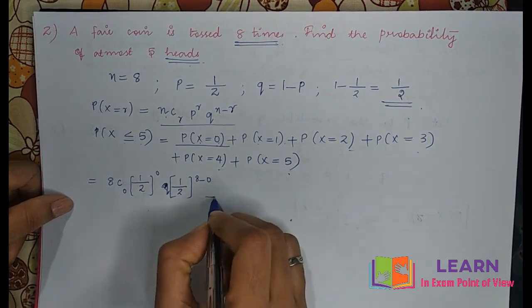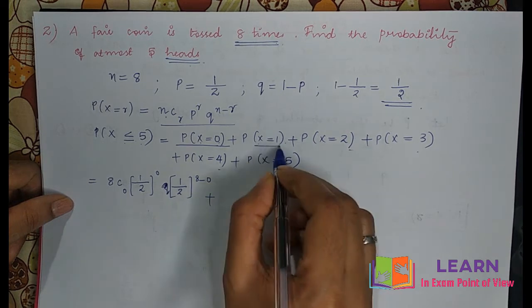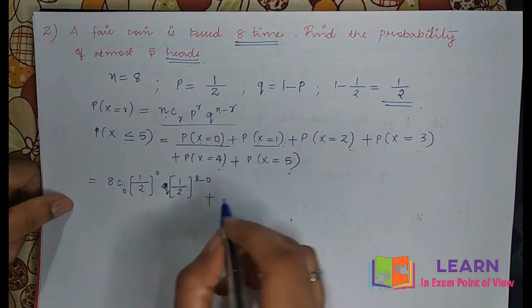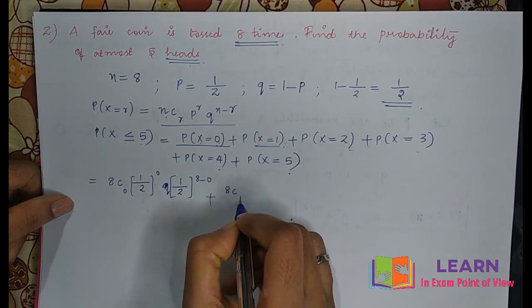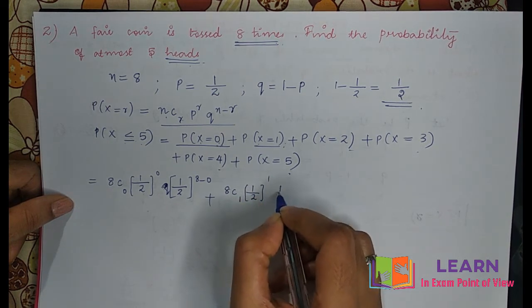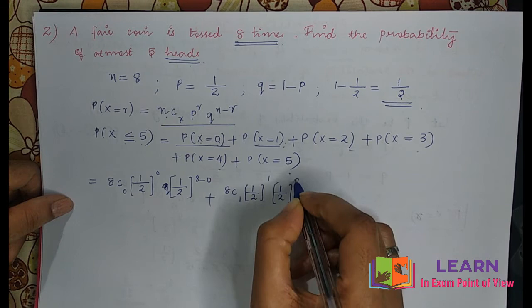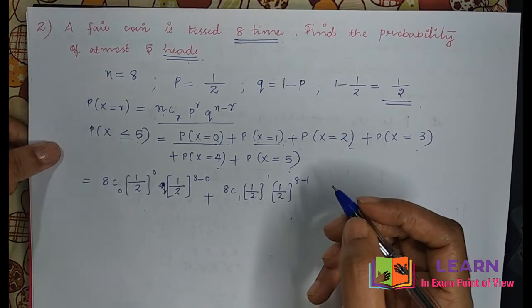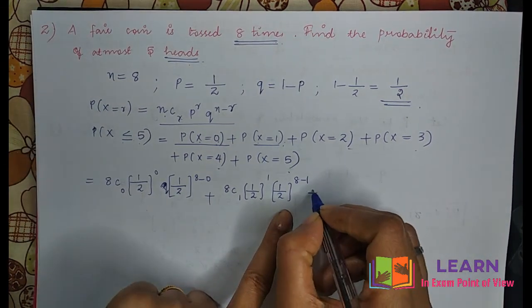Plus, for x equal to 1, in the place of r put 1: 8C1 (1 by 2) raised to 1, then (1 by 2) raised to 8 minus 1. Like that each case.